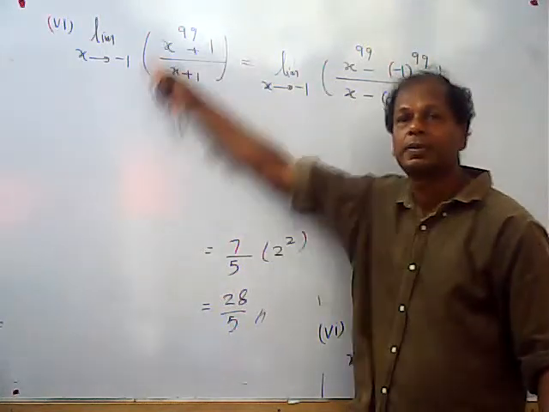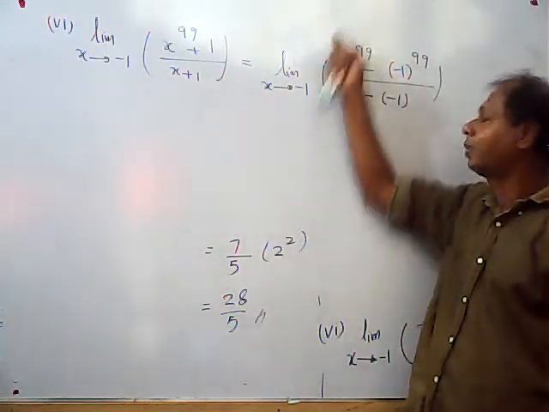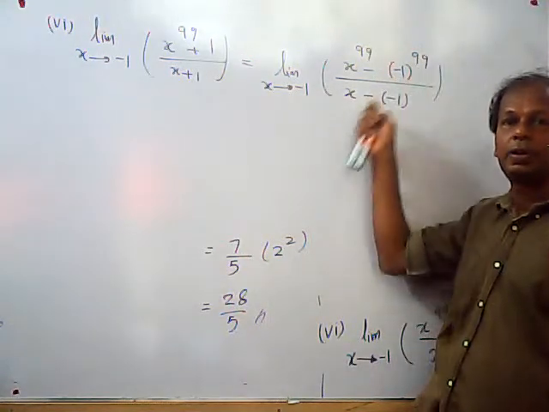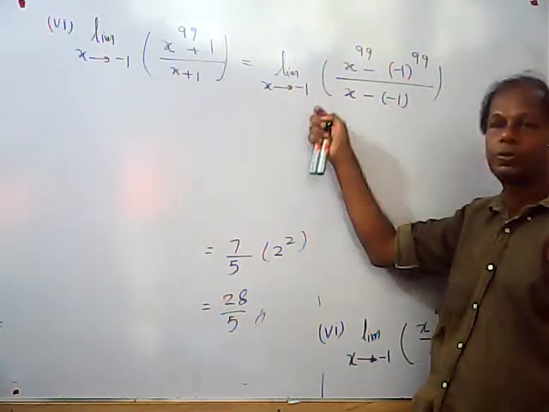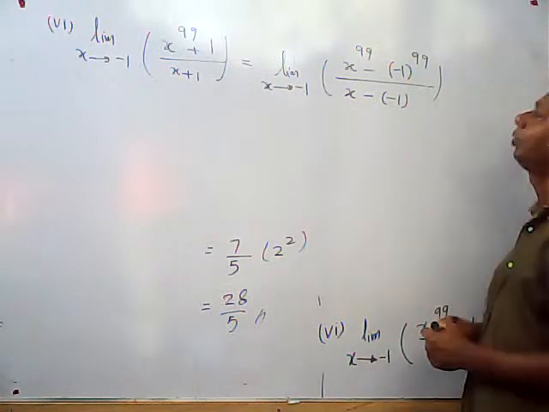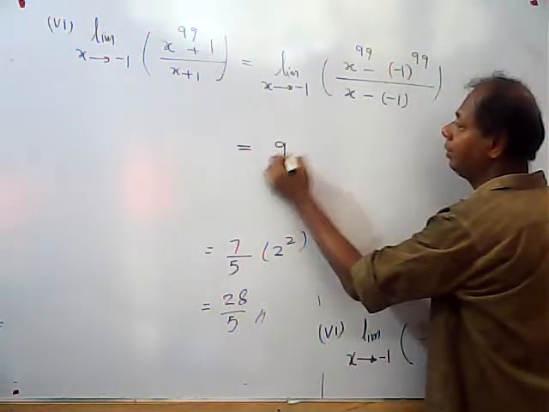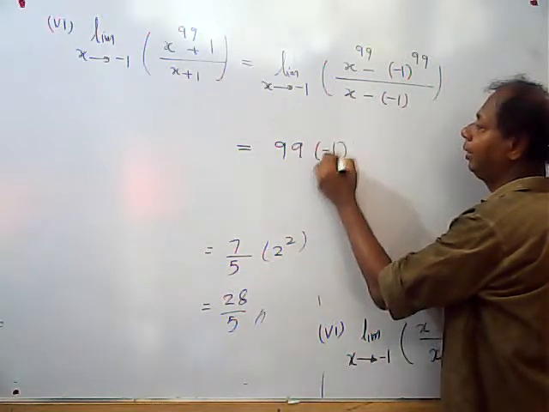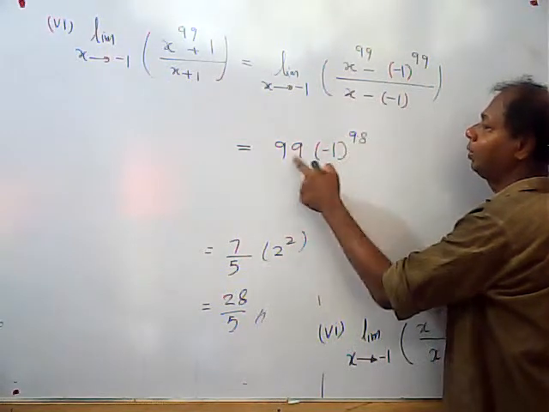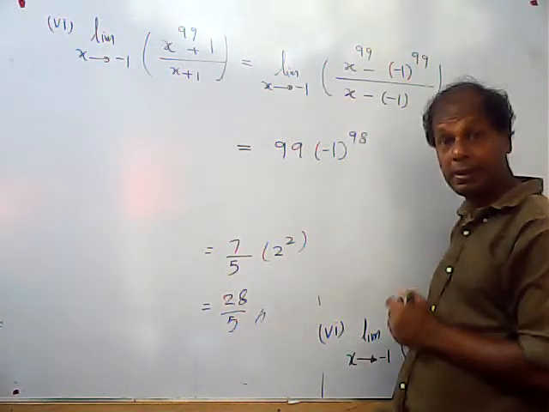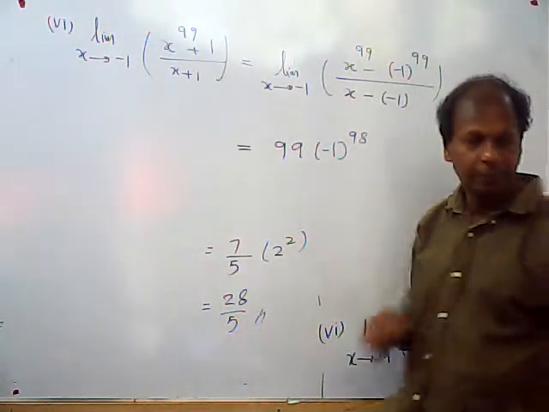So this expression, the given function, you can express in the form x to the power n minus a to the power n over x minus a as x goes to a. Right? So by the theorem, it is n a to the power n minus 1. So 99 times minus 1 to the power 98. Minus 1 to the power 98 is an even power.